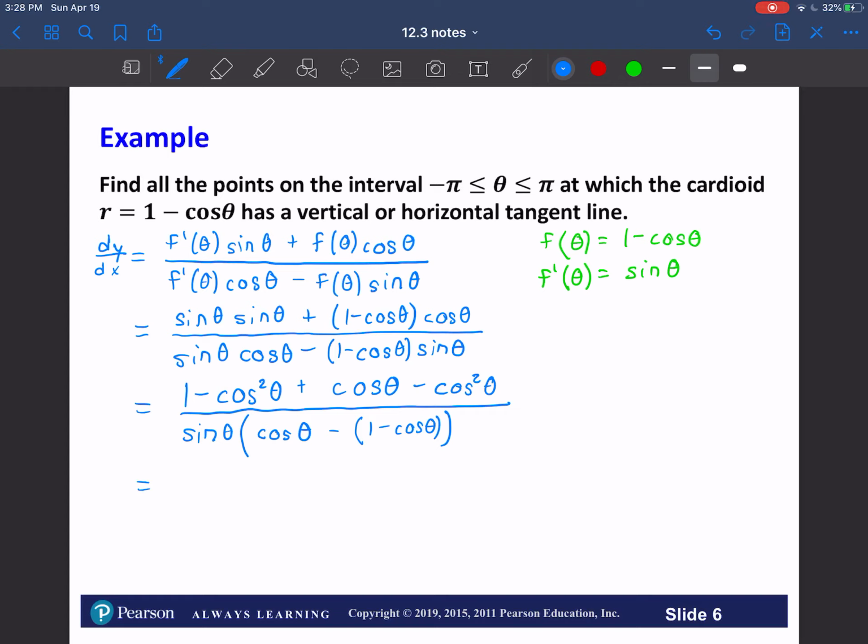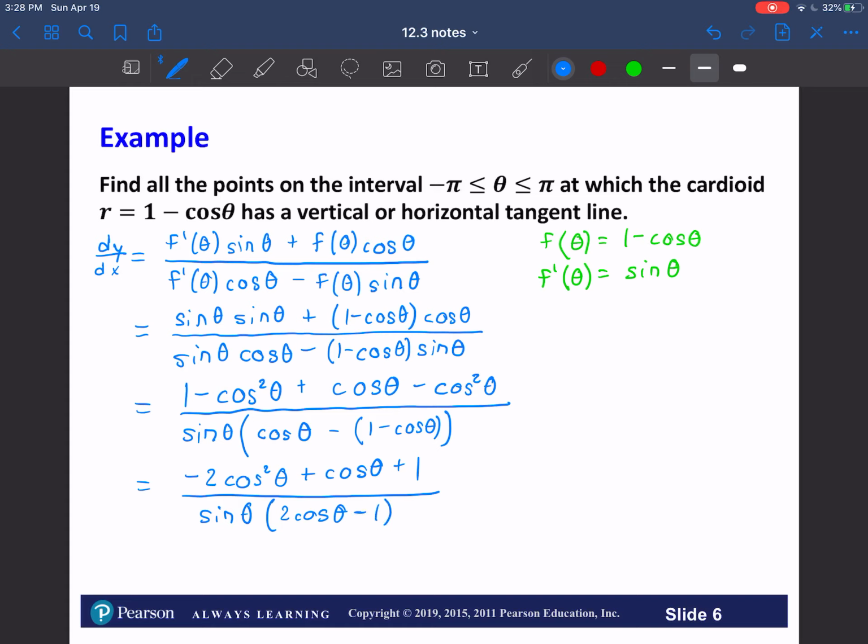Alright, so simplifying the numerator, we're going to end up with, let me actually rewrite it a little bit differently, negative 2 cosine squared theta plus cosine theta plus 1 divided by, on bottom, sine of theta times 2 cosine theta minus 1.